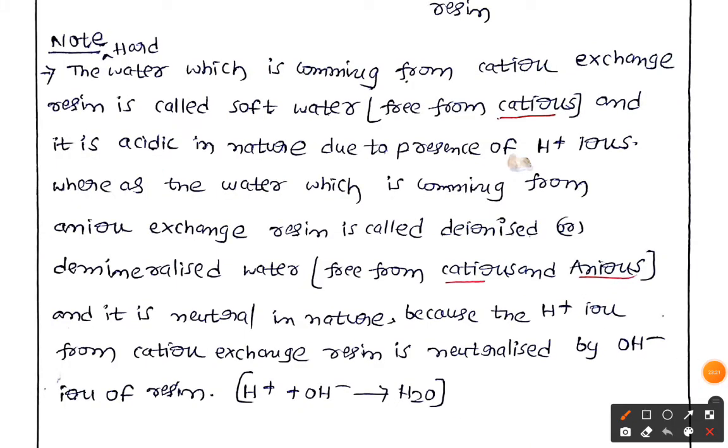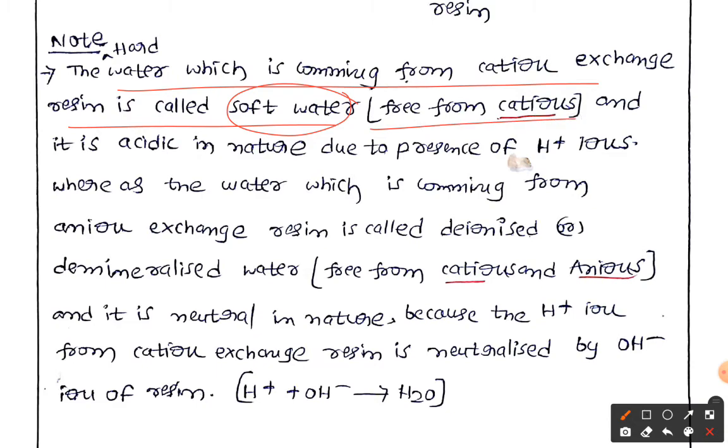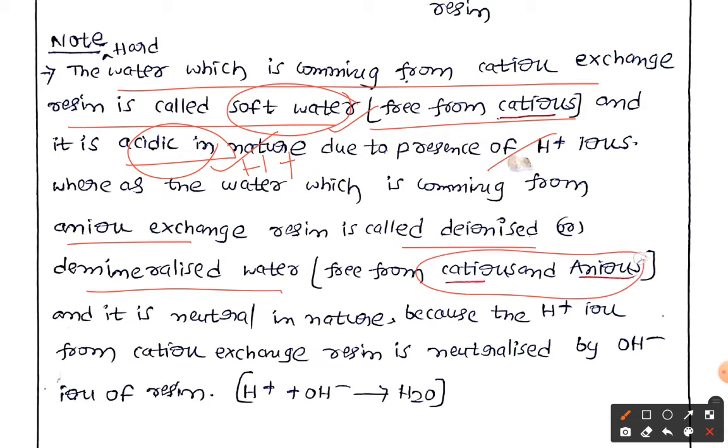Here we have a note. The water coming from the cation exchange resin is called soft water, because it is free from cations. It is acidic in nature because we get H+ there. Whereas the water coming from the anion exchange bed is called deionized or demineralized water, because it is free from both cations and anions, and it is neutral in nature.